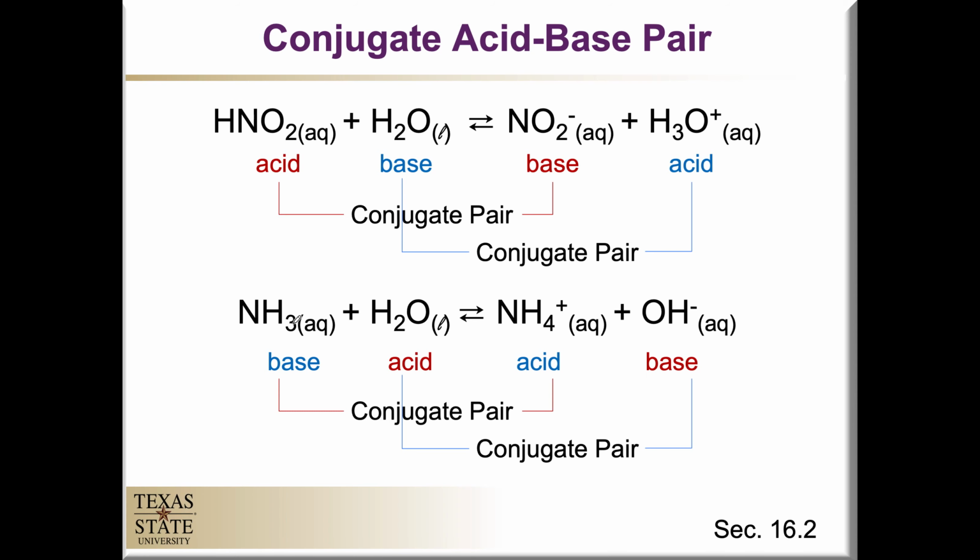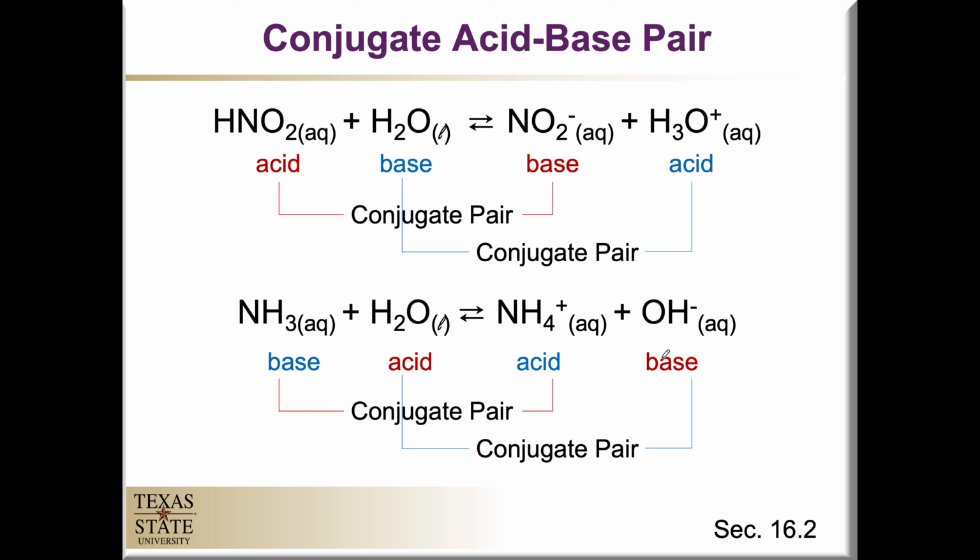Similar here, we have ammonia, which is going to be the base relative to the ammonium ion, which is its conjugate acid. So when you go from a base to a conjugate acid, what happens is that the substance gains a hydrogen ion or an H+, while if you're starting with an acid, the conjugate base of that acid is going to be the substance after you have removed a hydrogen ion from it.